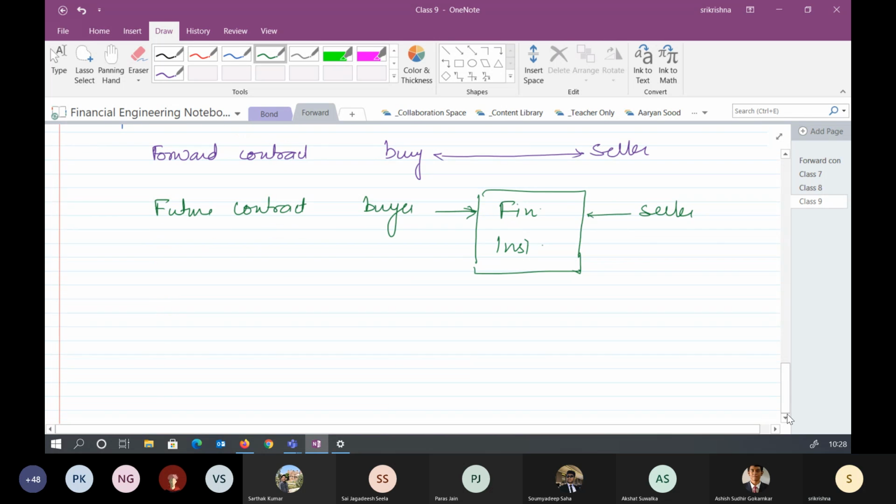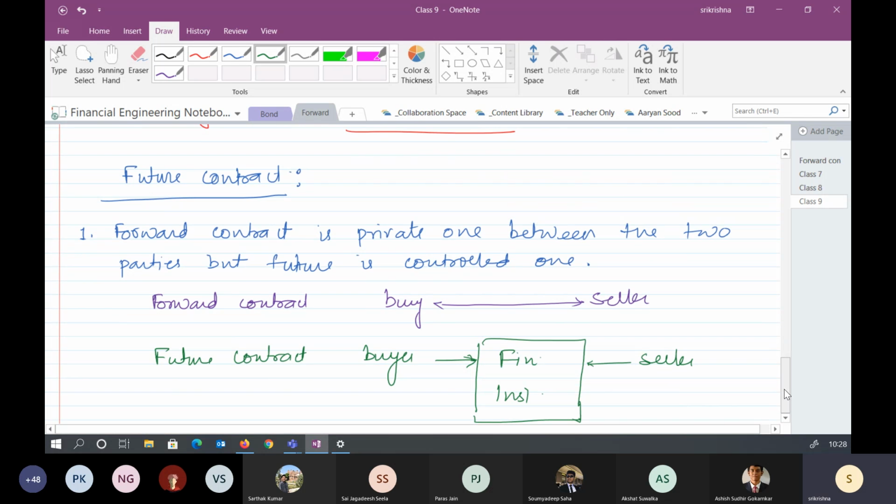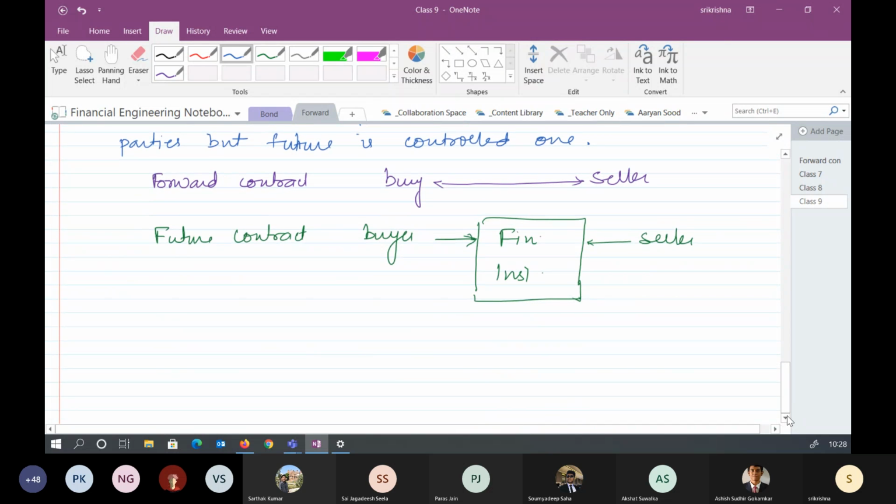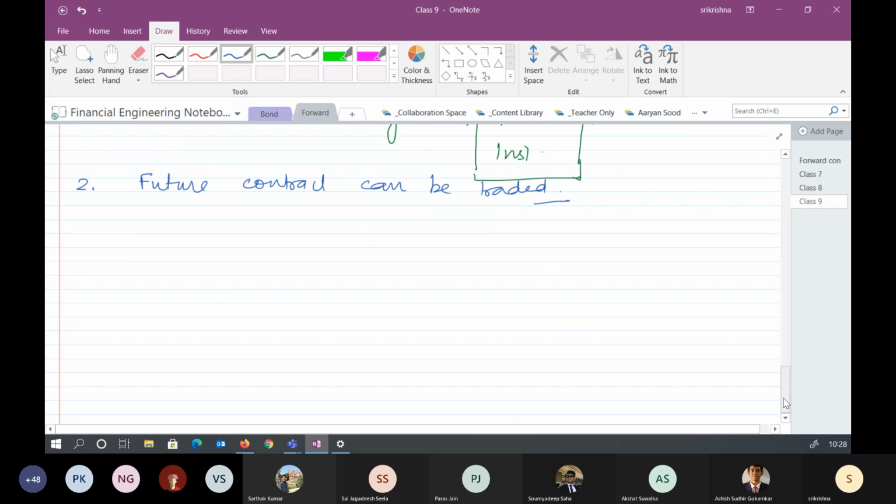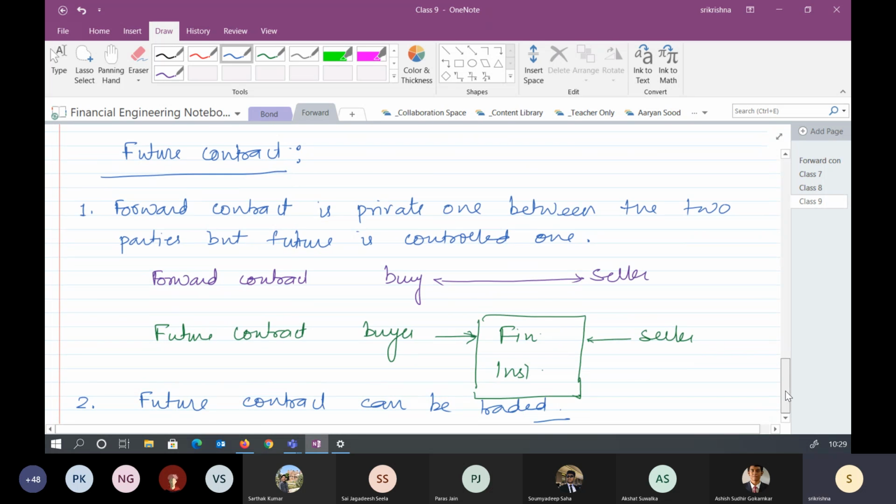The second important difference is that the future contract can be traded. So it has a secondary market. You can buy or sell the future contract. The third one is how the price is being settled.